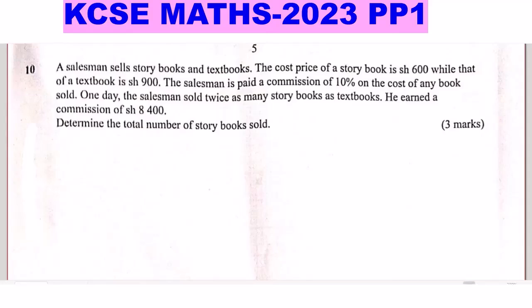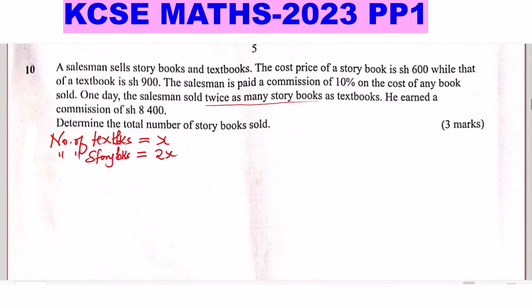So we shall begin by, because we don't know the number of storybooks or textbooks that were sold, letting the number of, let's say, textbooks be represented by x. And since we are given that the salesman sold twice as many storybooks as textbooks, the storybooks will therefore be 2x.